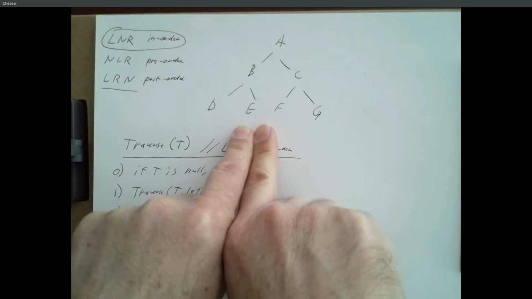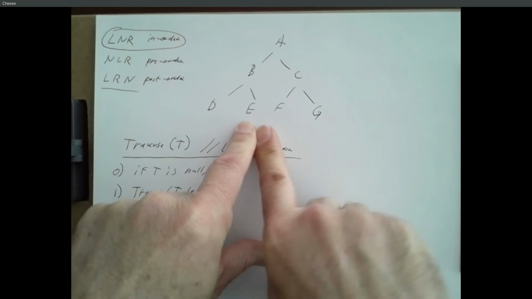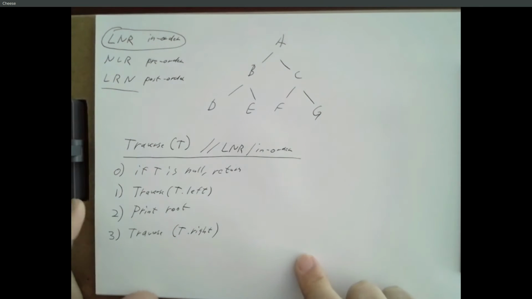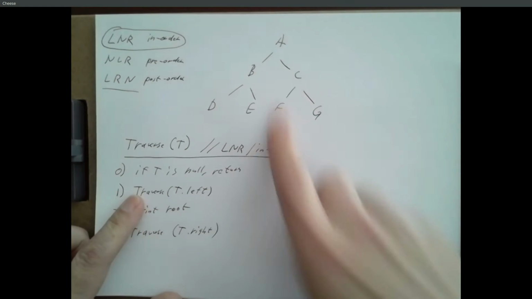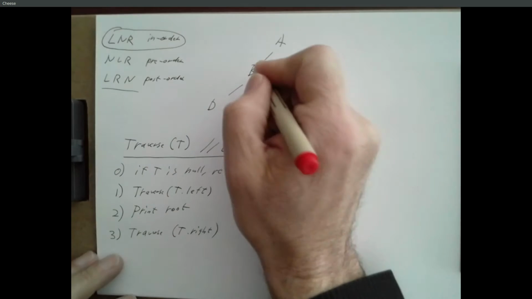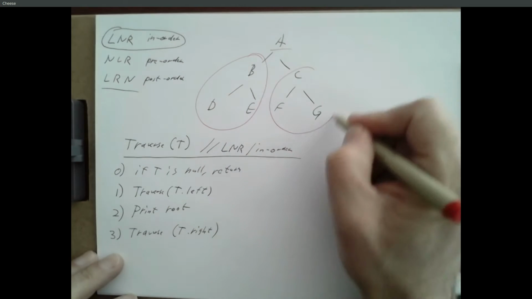And you say, sure, no problem, that'll be $100. They give you $100 to traverse this tree. So you ask, is the tree null? No. If it was null, you'd be done. So you have to do three things. You have to traverse this subtree, print out an A, and traverse that subtree.